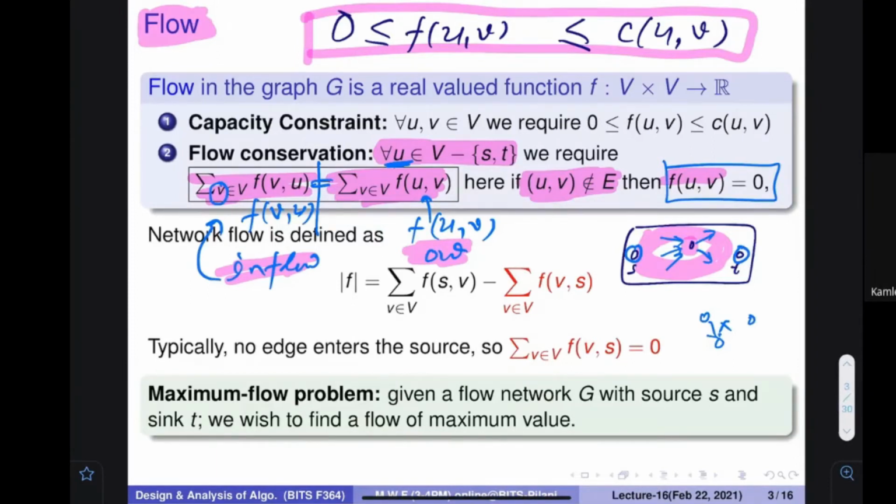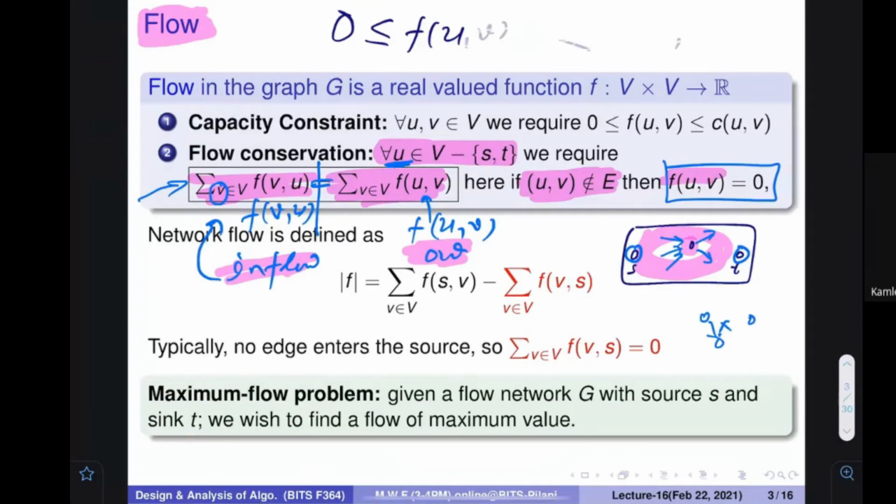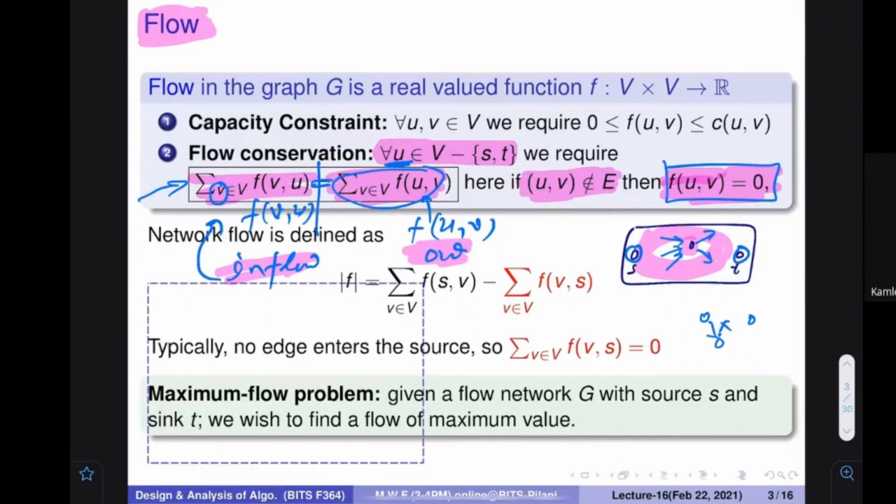You will ask, sir, how can you ask for the summation, because there could be pairs which don't have any edge. Some values would be there for which edges are not there. To save myself from that, I am going to say that if the edge is not there, then flow is 0. Any questions on that?